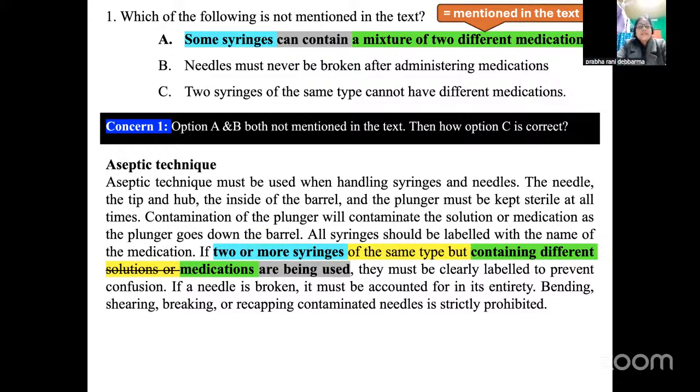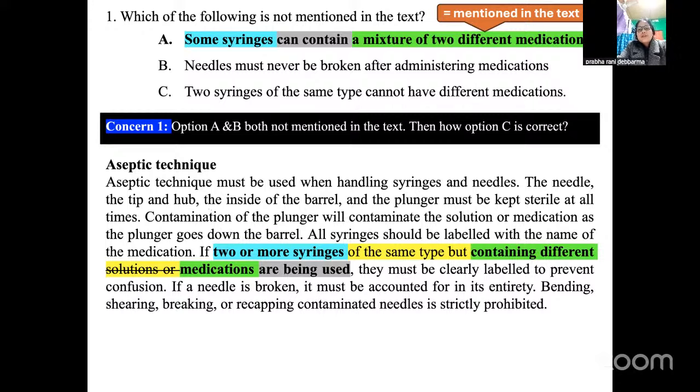Aseptic technique. Aseptic technique must be used when handling syringes and needles. The needle, the tip and the hub, the inside of the barrel, and the plunger must be kept sterile at all times. Contamination of the plunger will contaminate the solution or medication as the plunger goes down the barrel.